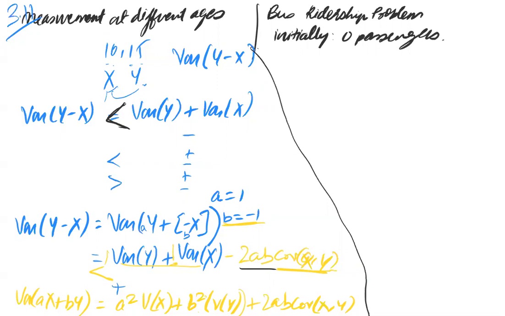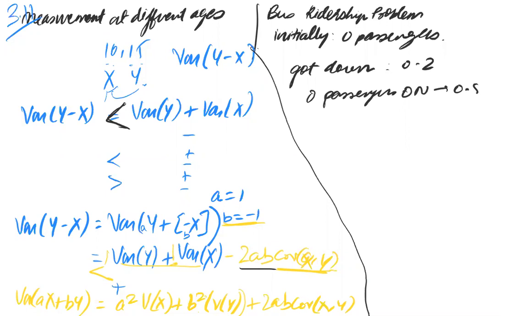But then at every step, a passenger got down with a probability of 0.2. 0 passengers got on with probability 0.5, 1 with probability 0.4, and 2 with 0.1.